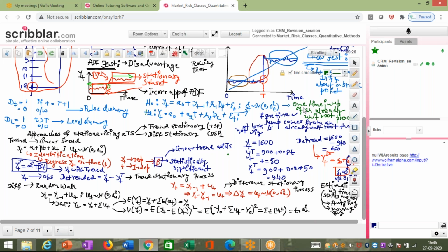Now, once the time series has been stationarized, we need to estimate the time series. So we need to identify what type of time series it is. Is it an autoregressive process, a moving average process, or a combination of both? From here, the question of estimating the time series model comes in.